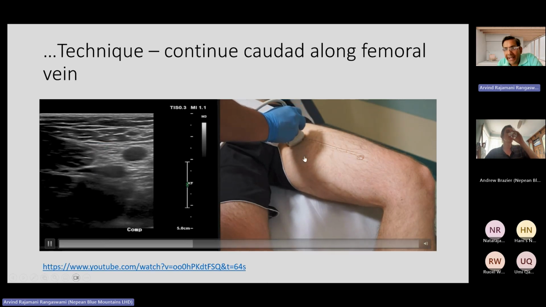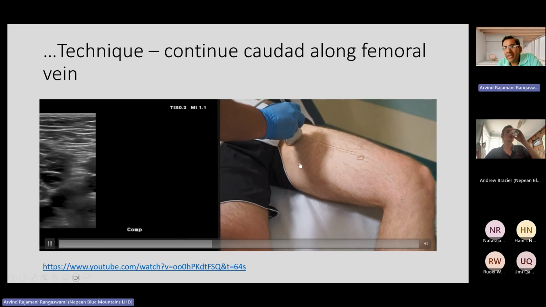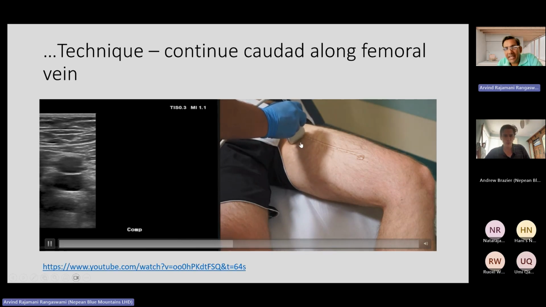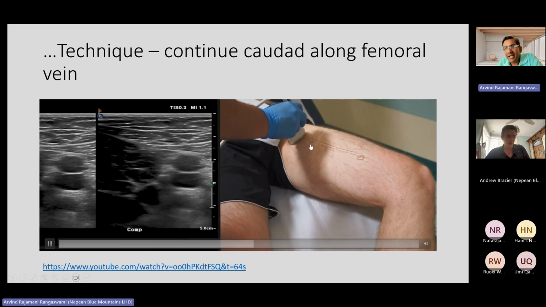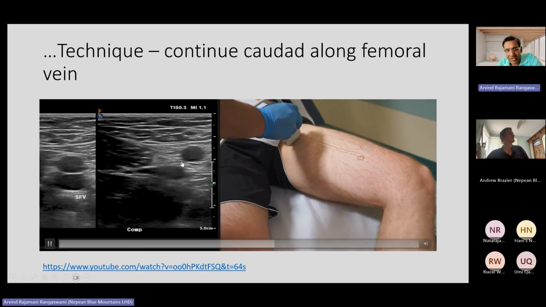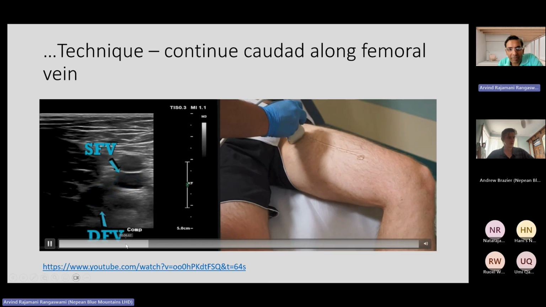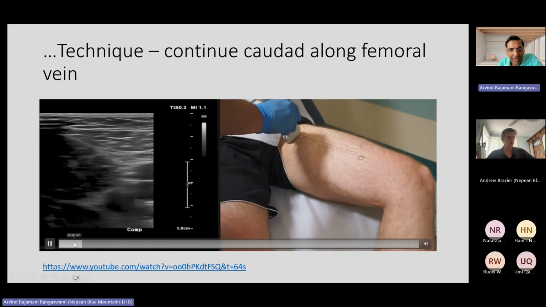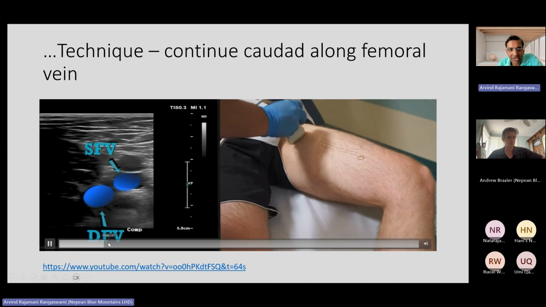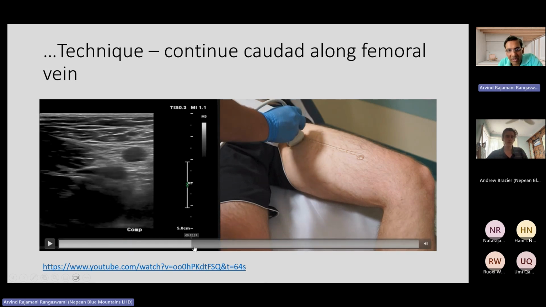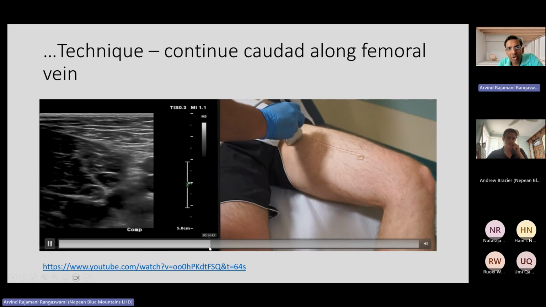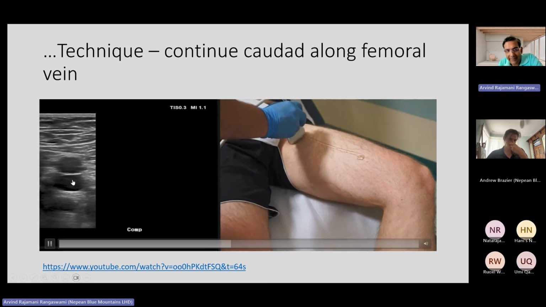At each point, as you're going down, every couple of centimeters, you're going to start applying anterior-posterior pressure. Now, what you will find here is that the orientation of the vein will go from a medial-lateral orientation at the saphenofemoral junction to an anterior-posterior orientation, more caudad in the thigh, like this.